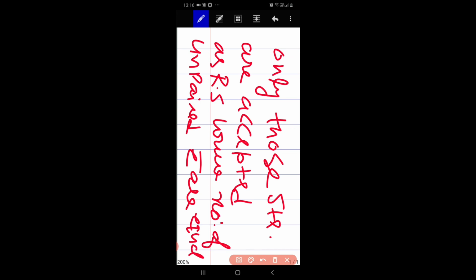Clear? Where the number of unpaired electrons is equal, only those are possible.